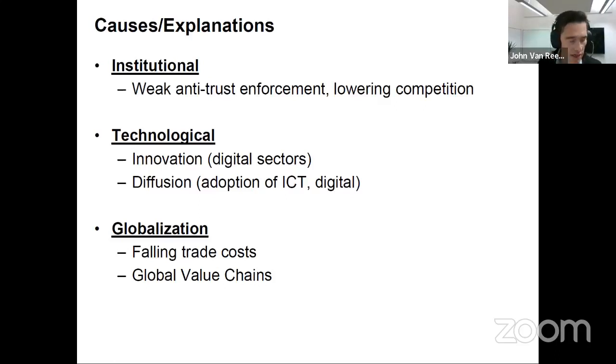A second group of explanations focuses on technology. So there's two flavors of this, or at least two flavors of this. One is that, going back to some of the high-tech firms, they enjoy many network effects. So you get this kind of winner-takes-all phenomenon. So think about Google. Google has this amazing kind of search engine that we use every day.